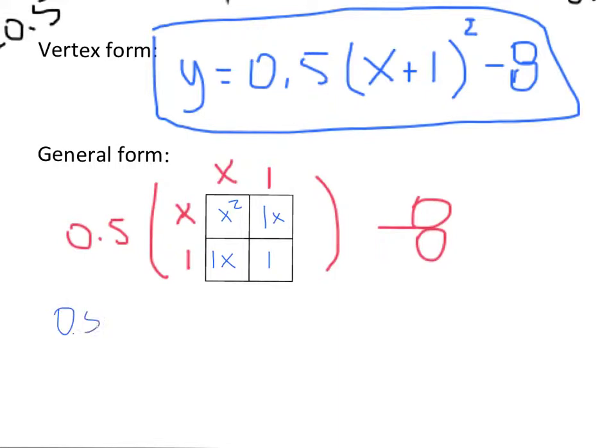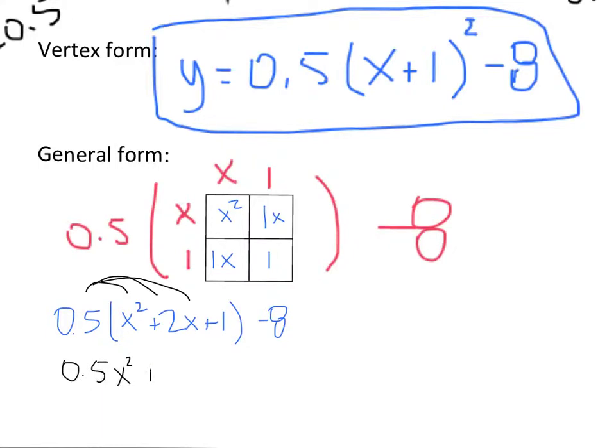So that's 0.5 times x squared, 1x plus 1x gives us 2x, and then plus 1, -8. Then we need to distribute that 0.5 to everything inside the parentheses, which gives us 0.5 x squared plus 1x plus 0.5. And then we bring down that -8.